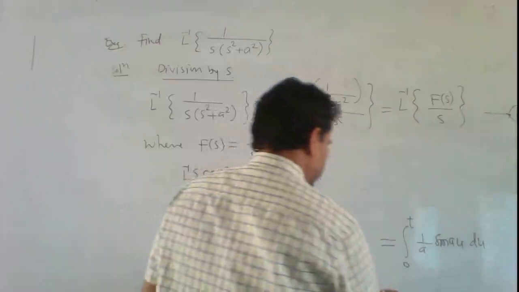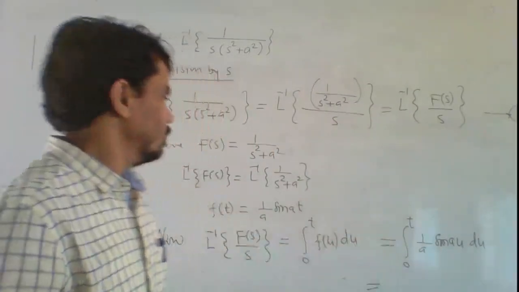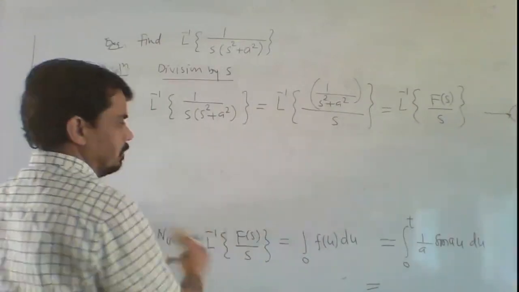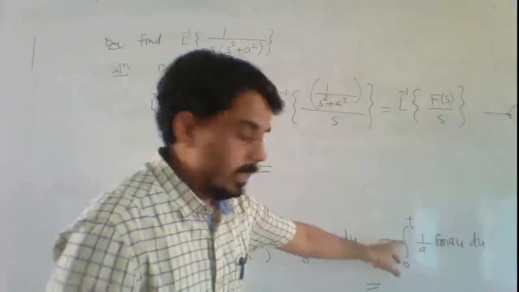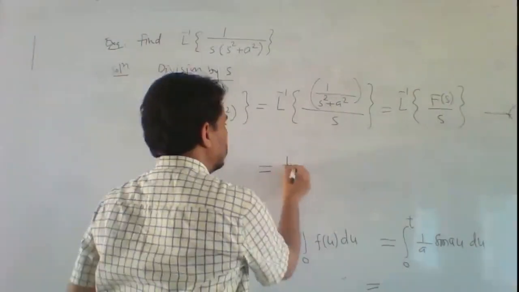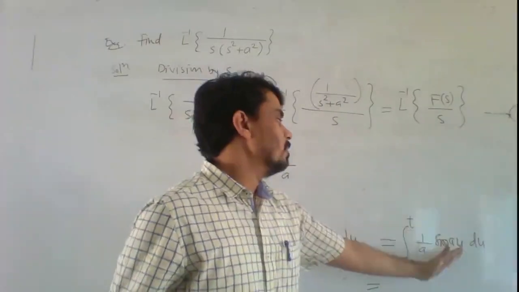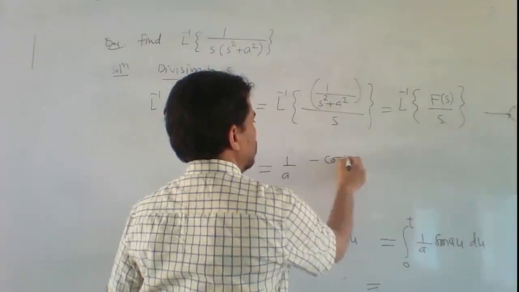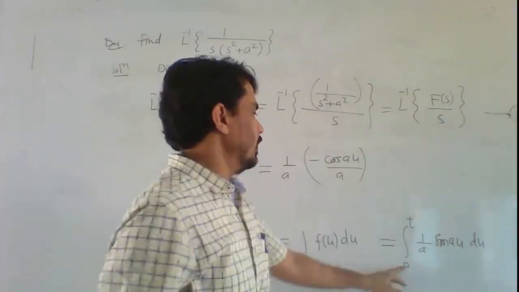Continue this. It is equal to 1 by a constant, and the integration of sin a u is minus cos a u divided by a, with limits 0 to t.